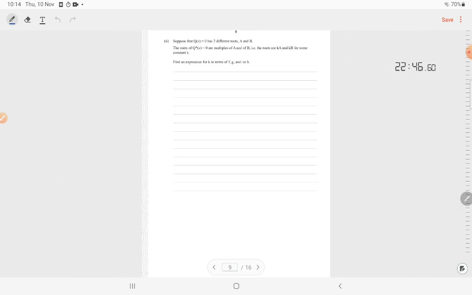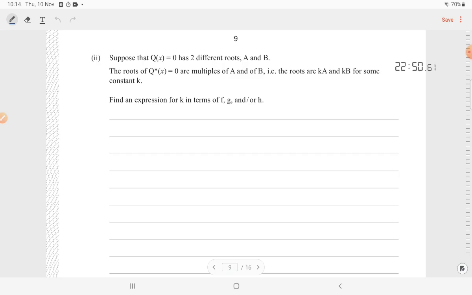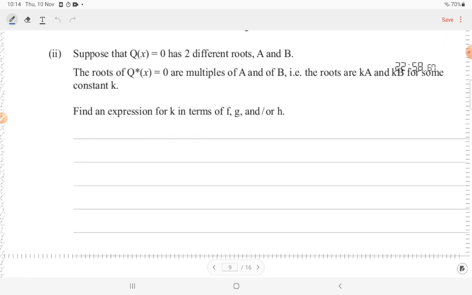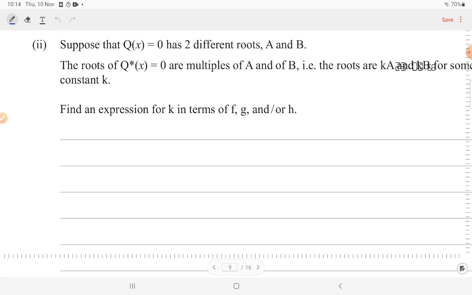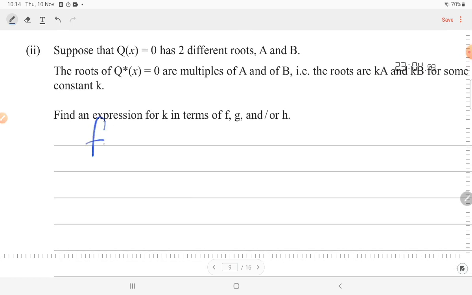Okay, that was interesting. Suppose x squared equals 0 has to be x multiple. Q was if gh, right?